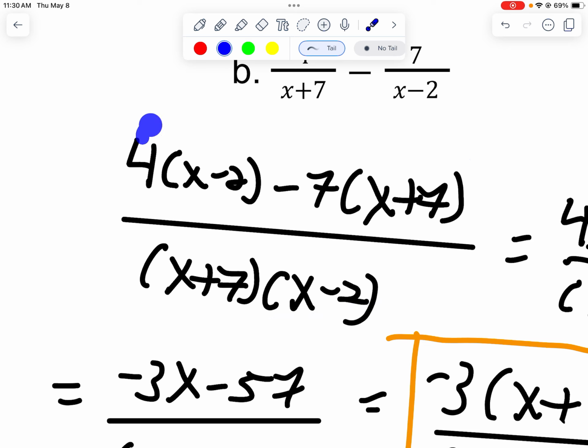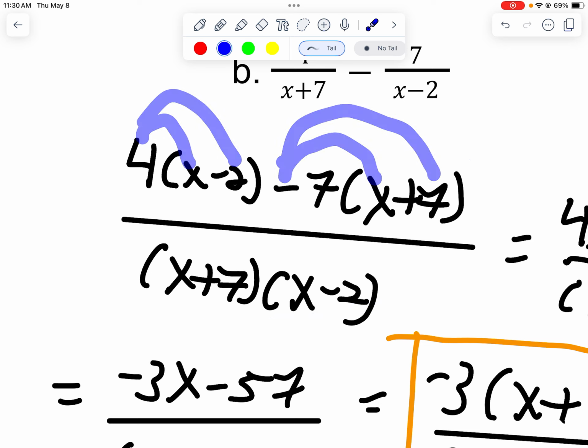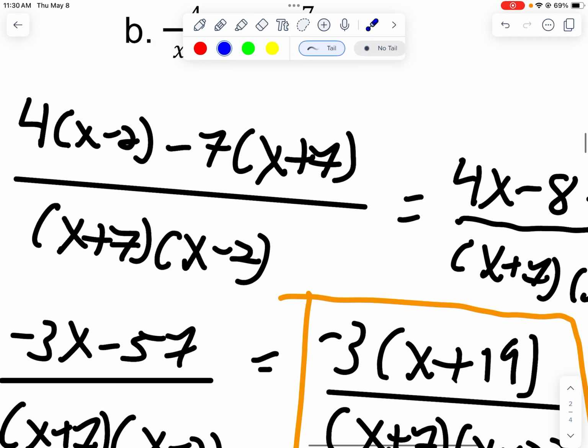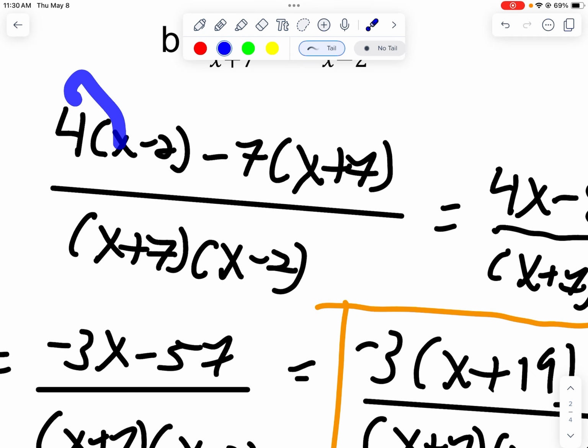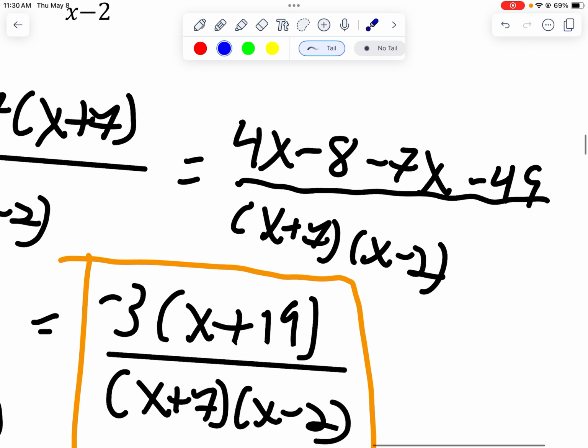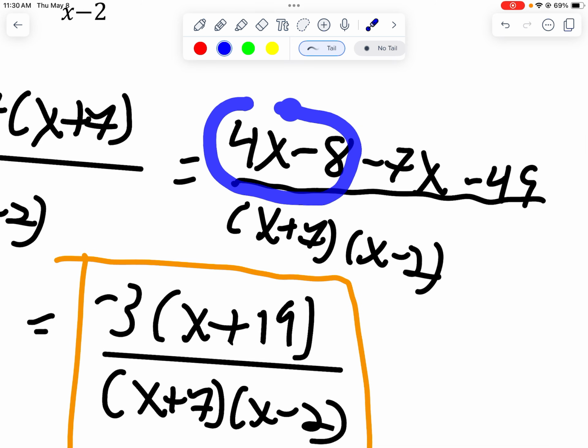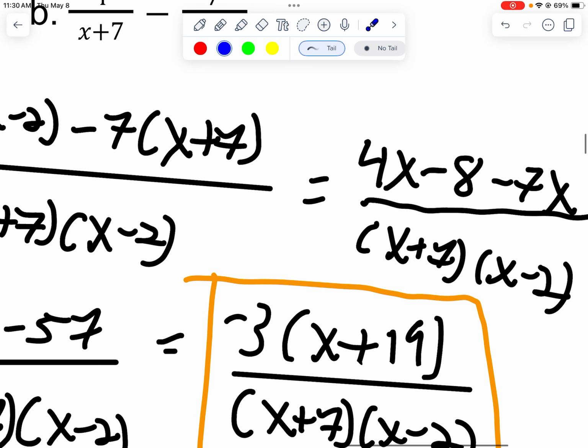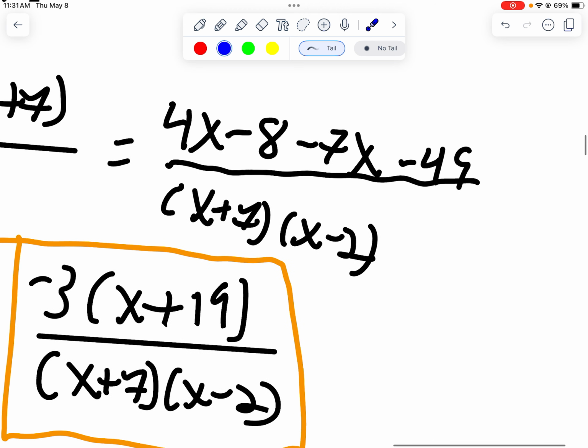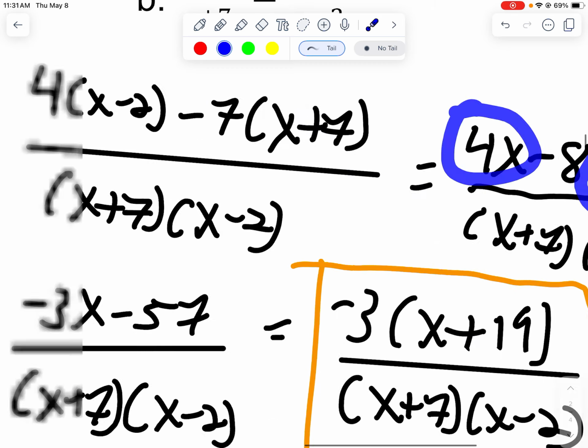You know, you're going to have to distribute the 4 and distribute the negative 7, not the 7, but the negative 7. So 4 times x minus 2 is 4x minus 8. That's this term. And then negative 7 times x is negative 7x. Negative 7 times positive 7 is negative 49. And those are these two. Combining like terms, 4x minus 7x is negative 3x.